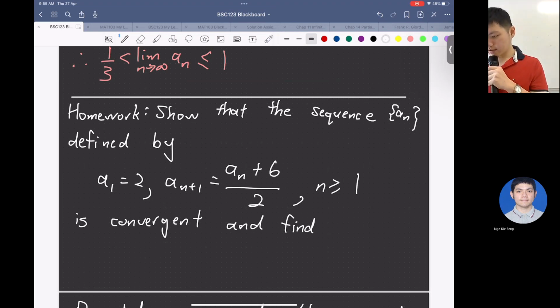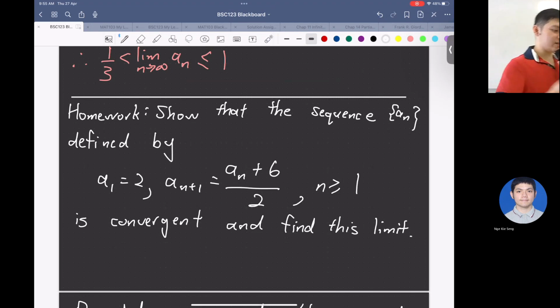And try to find this limit. First of all, do you have any questions? If you understand this question, then we can leave. So this sequence is defined recursively, and you want to prove that this is convergent, and then find this limit.